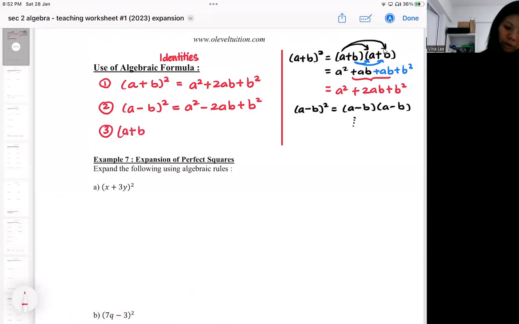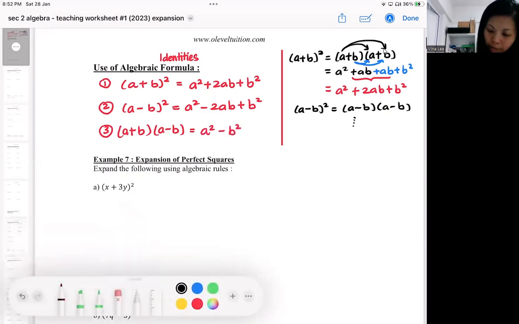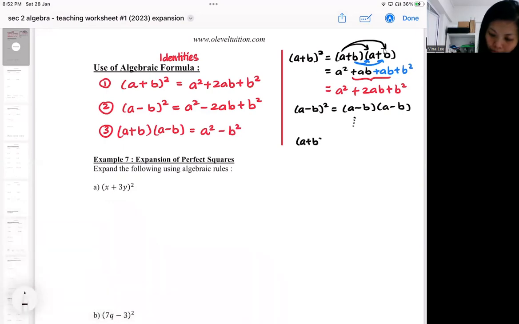Then number 3: the first bracket is a plus b, the second bracket is a minus b, so it will be a squared minus b squared. How does this formula come about?